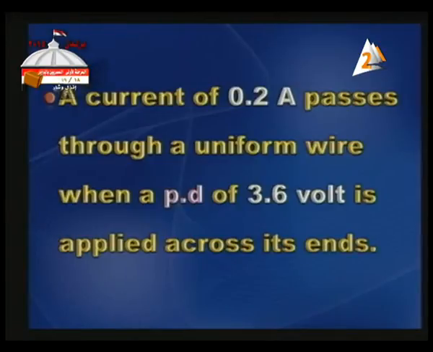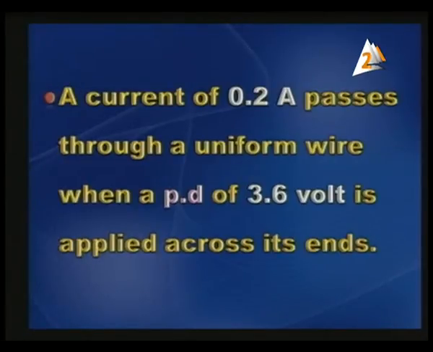Another problem. A current of 0.2 ampere passes through a uniform wire when a potential difference of 3.6 volt is applied across its ends. So we've got a uniform wire. What does it mean, uniform wire? It means it has uniform cross-sectional area.